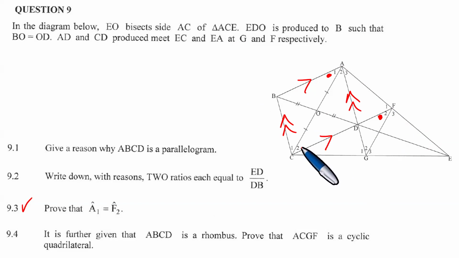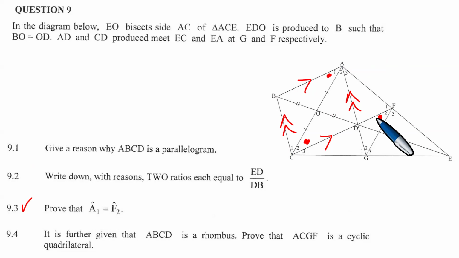So angle A1 is equal to the angle C2, because these are angles in a Z. It remains to verify that this angle C2 is equal to the angle F2. Let's establish that one part. This is how we prove this one here.